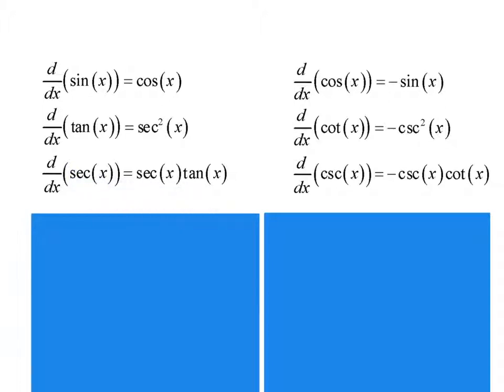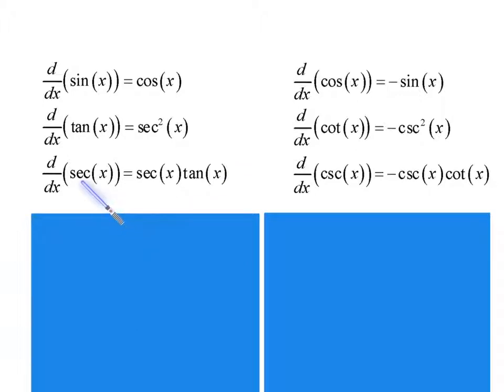Another pattern: I've got tangent here, and its derivative is secant squared. I've got cotangent, and its derivative is negative cosecant squared. So tangent and cotangent are related in that they're reciprocals of each other. Well, so are secant and cosecant.